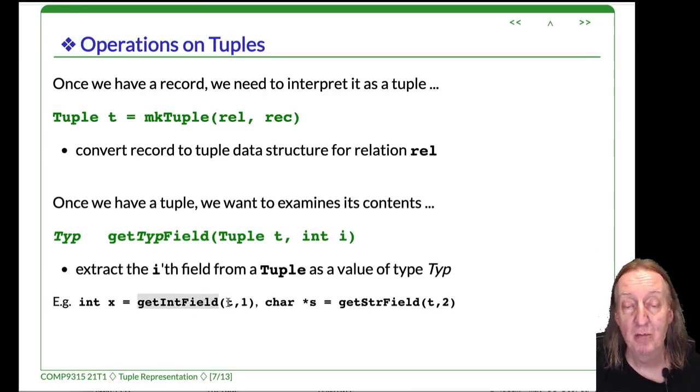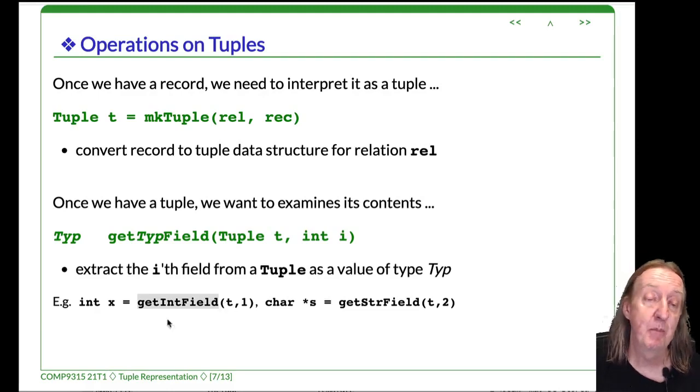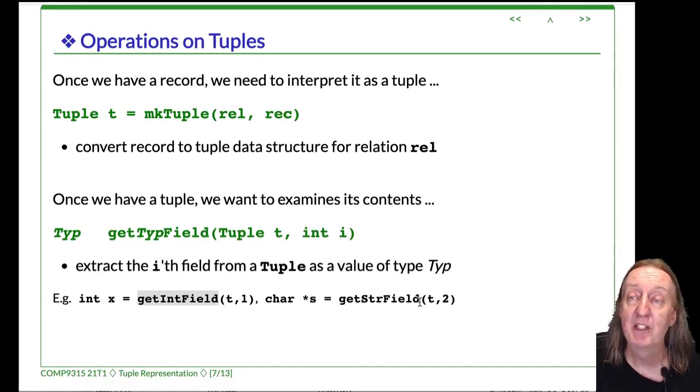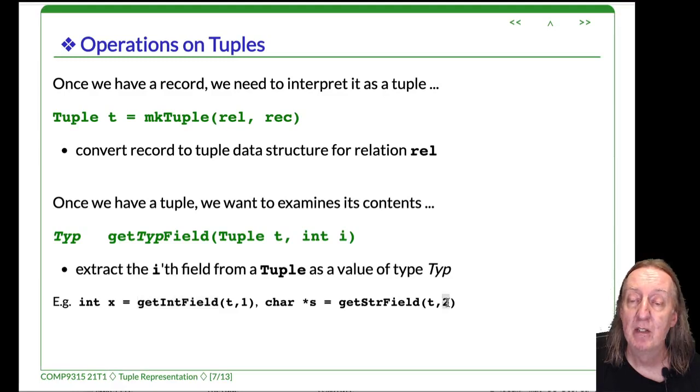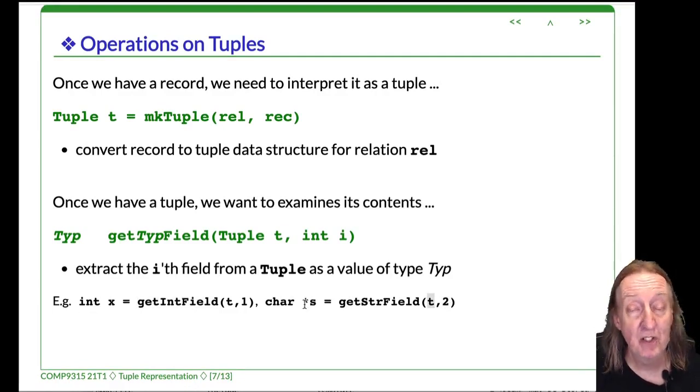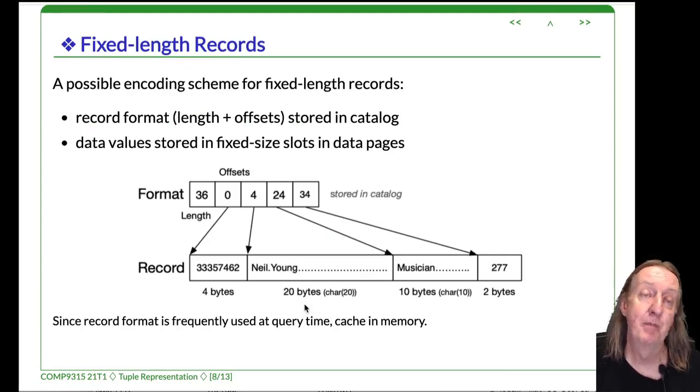We've got a tuple stored in variable t, and we're interested in actually getting the value of that first field. So you can imagine that we've got a function, something like this, that will give us an integer value. And let's say the second attribute is a string. So we say we're interested in the second attribute in the tuple t, and I want to get a pointer to the string that value is.